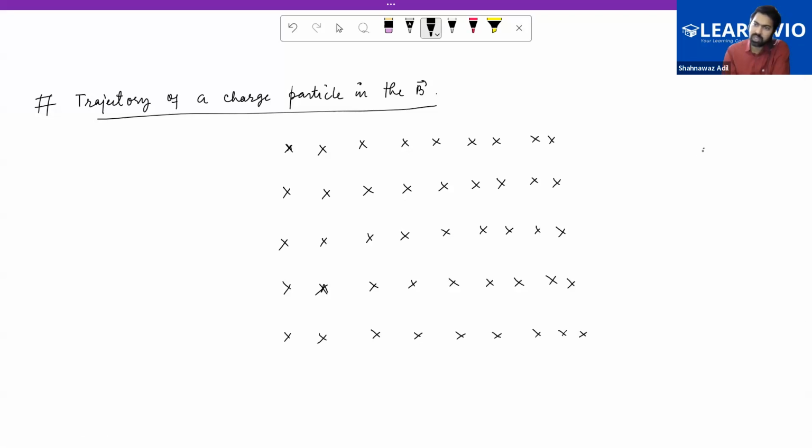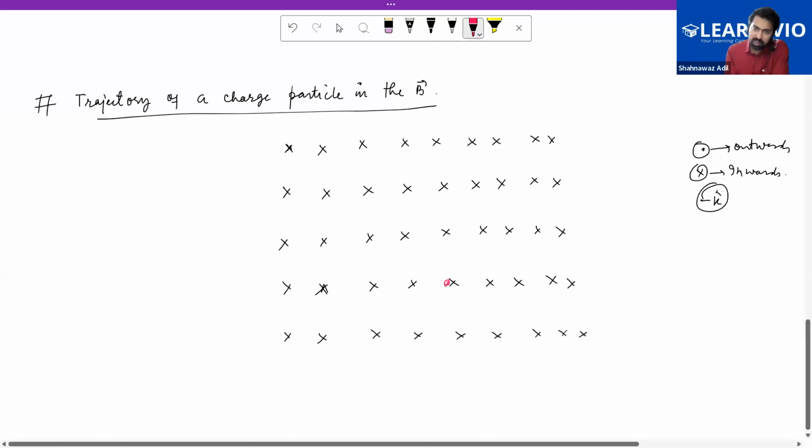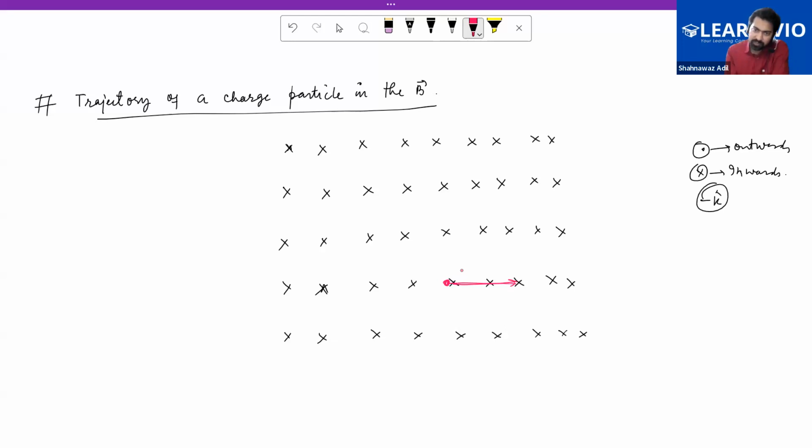So we already know that this representation is outwards. This representation is inwards. The magnetic field is inside, which is minus k hat, right? Now the charge particle is starting from here and it is moving in this direction with velocity v, right?